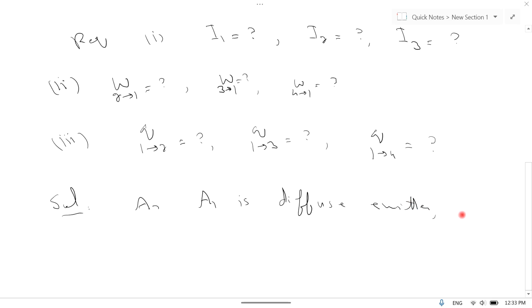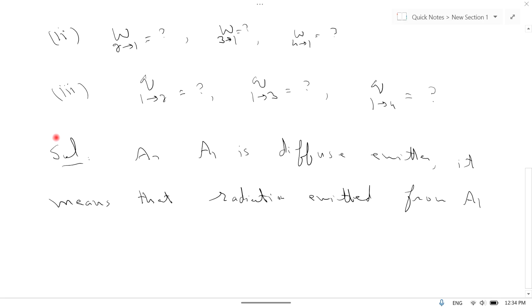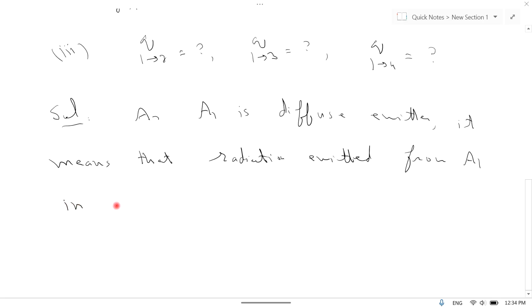Diffuse emitter means that radiation emitted from A1 in all directions will be the same.